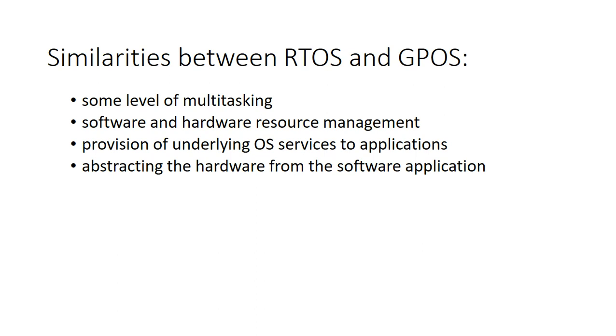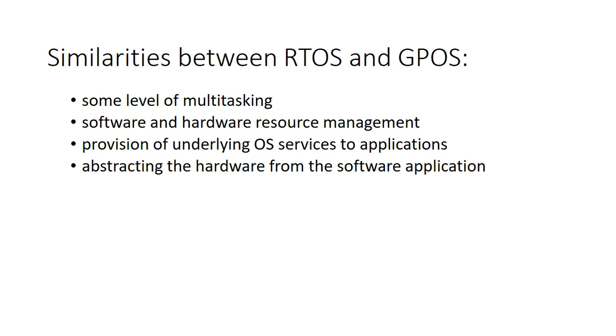Okay, it provides a base for executing or providing different services to the application. So if the application needs anything from the operating system, it can provide it. Then abstracting the hardware from the software application.